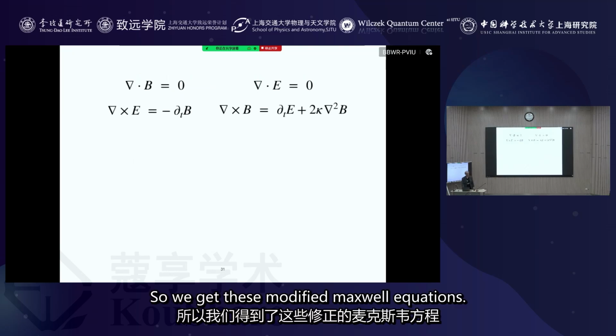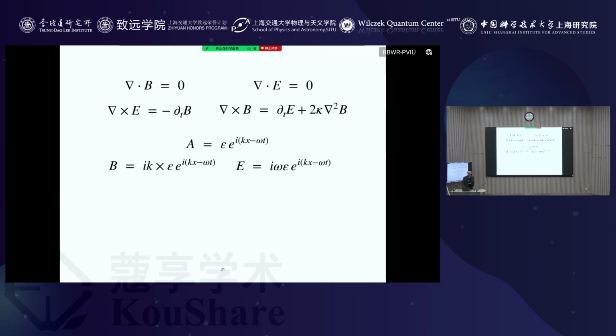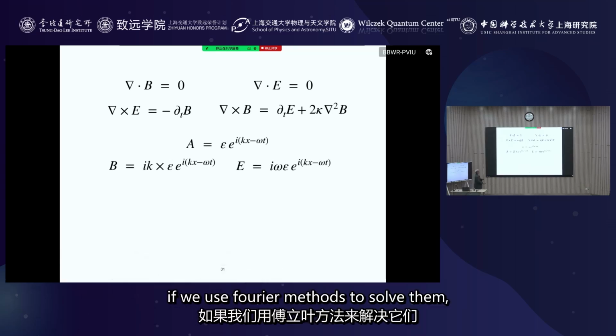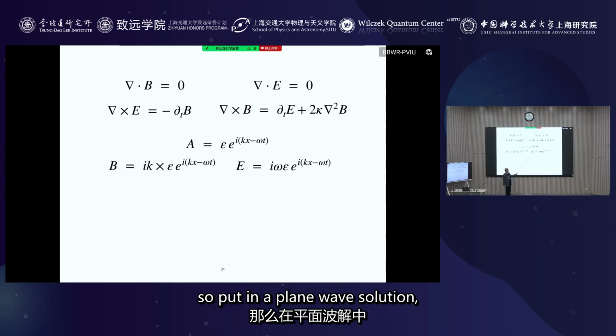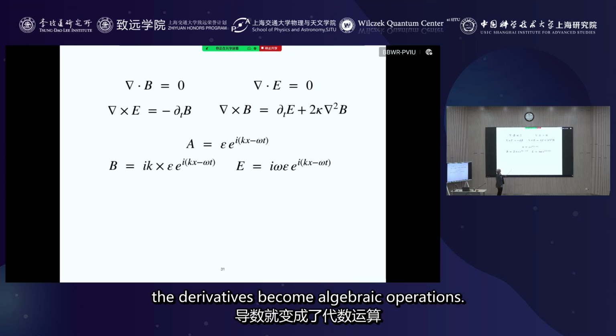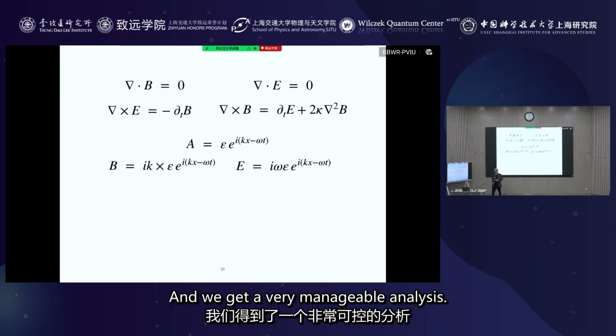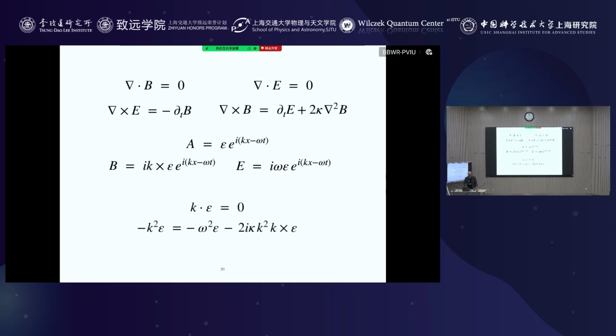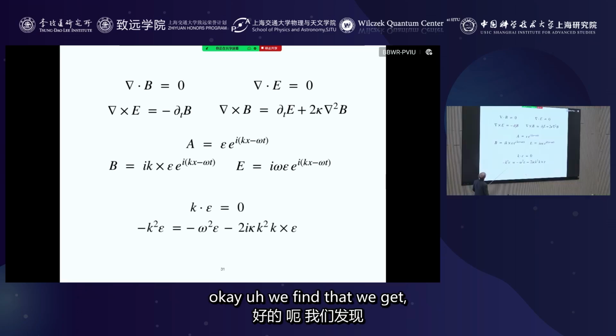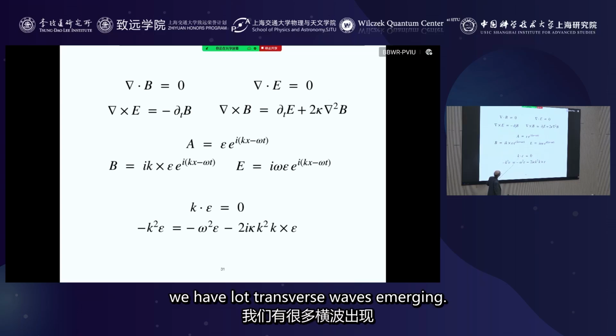So we get these modified Maxwell equations, and now if we use Fourier methods to solve them, so put in a plane wave solution, the derivatives become algebraic operations, and we get a very manageable analysis. Okay. We find that we get, not surprisingly, we have transverse waves emerging.